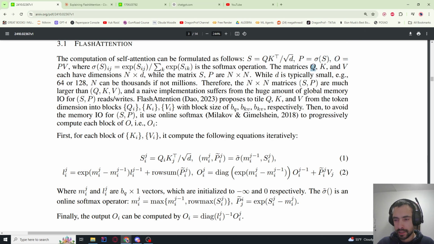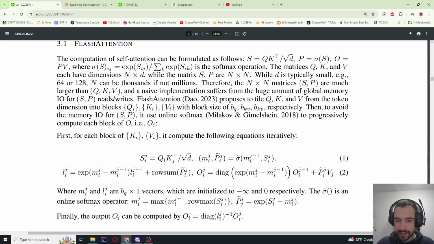The matrices query, key, and value each have dimensions n times d. So n is the sequence length, number of tokens, the context window, and d is the dimension of each vector embedding, and d is usually very small, while n can be thousands, even millions.